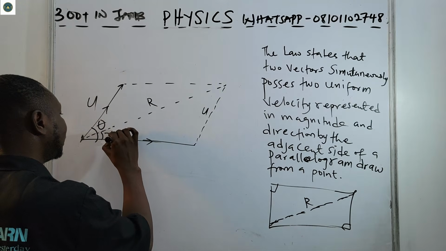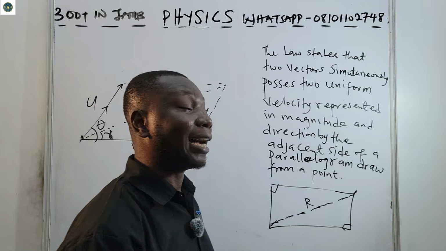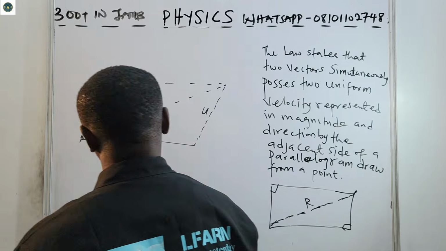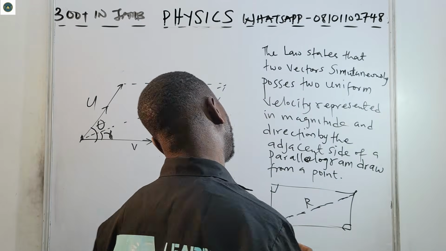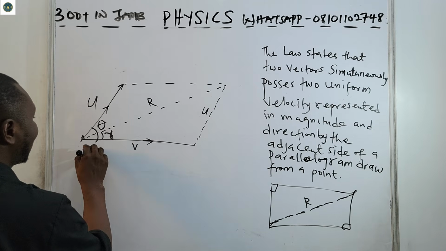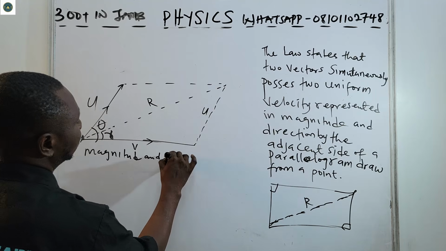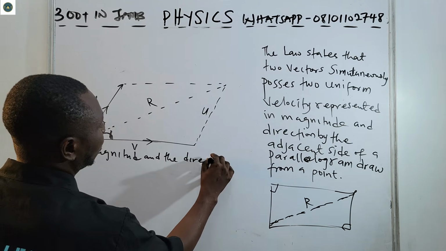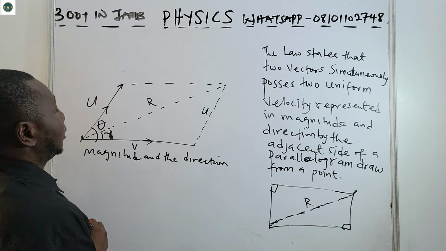Then the angle gamma gives the direction, because every vector has magnitude and what? And direction. So we are more interested in the magnitude and the direction.